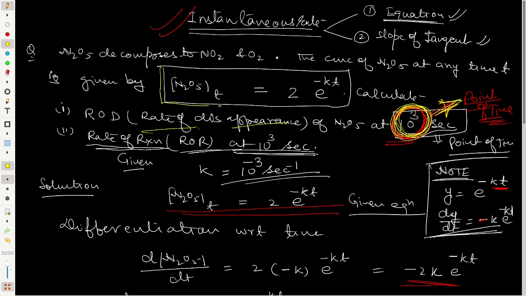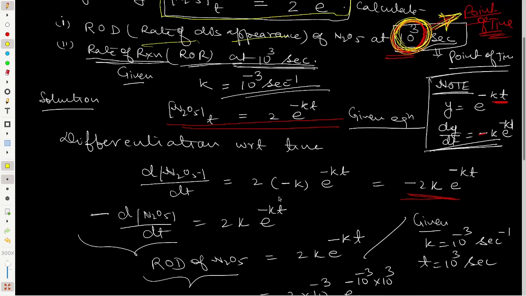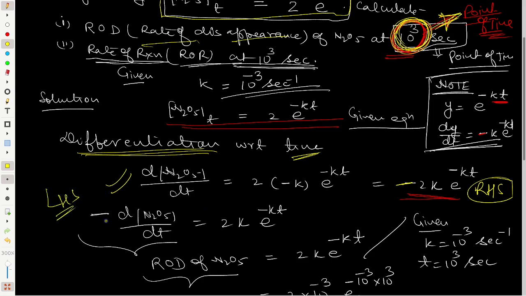This equation is given, so you have to convert this equation into the rate. And dear friends, if you differentiate with respect to time, then you have this type of expression. If you multiply the right hand side and the left hand side by the minus sign, then you will have this equation.